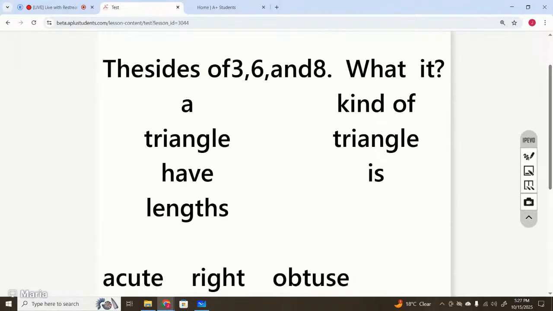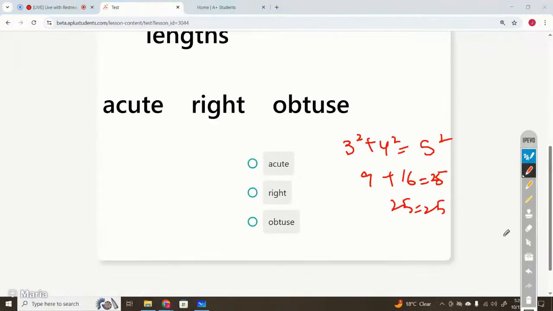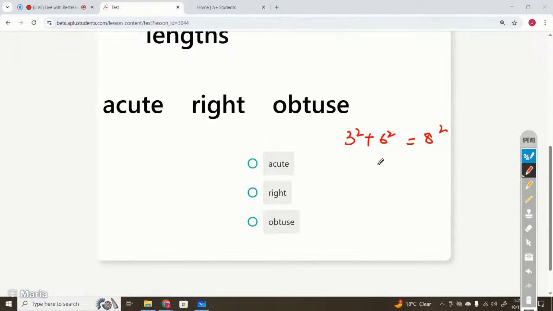The sides of the triangle are 3, 6, and 8. What kind of triangle is this? 3 squared plus 6 squared versus 8 squared. 9 plus 36 is 45, and 45 is less than 64.